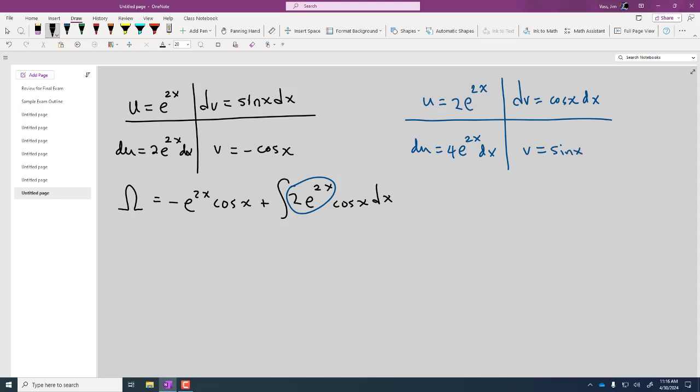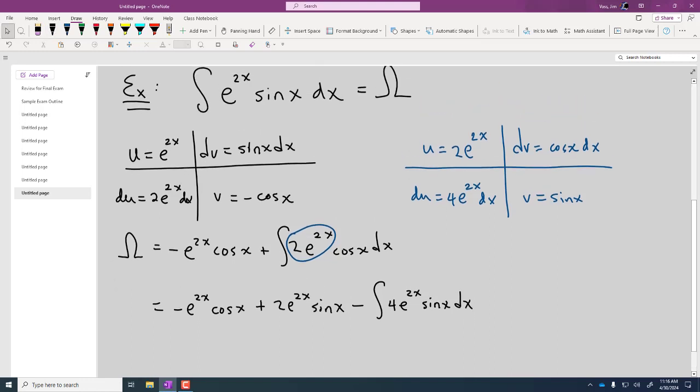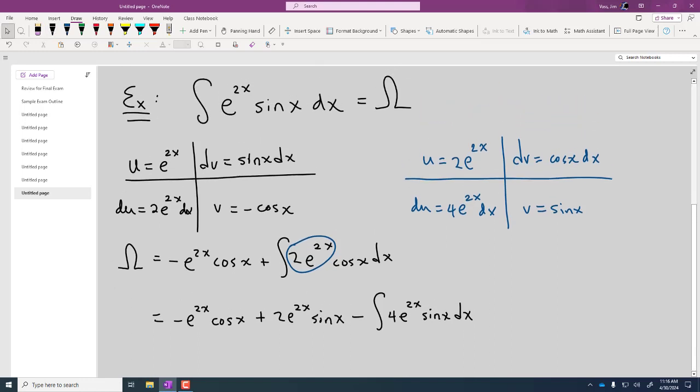So then our omega, all this stuff comes down out in front. And then u times v minus the integral of v du, and that's where we're back again.